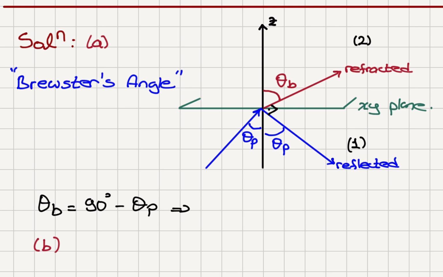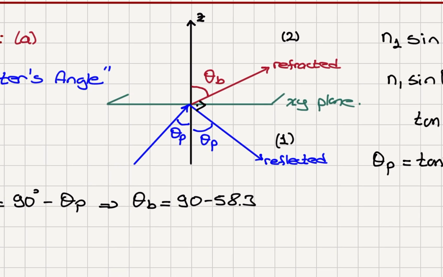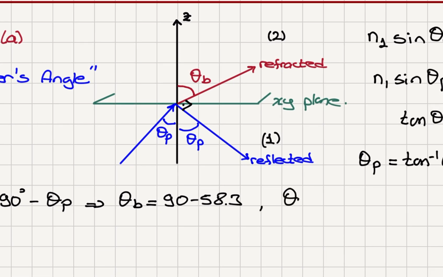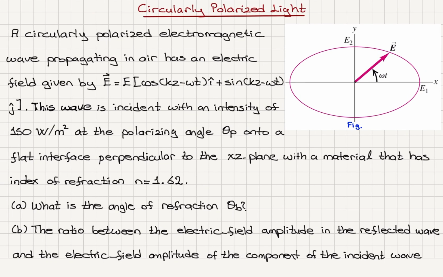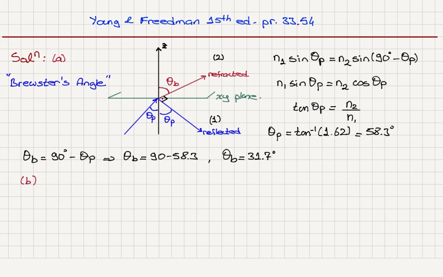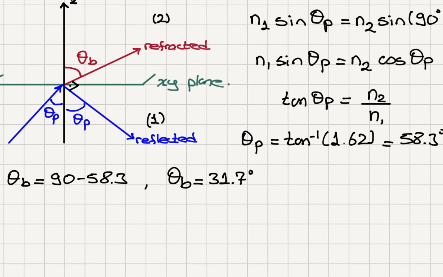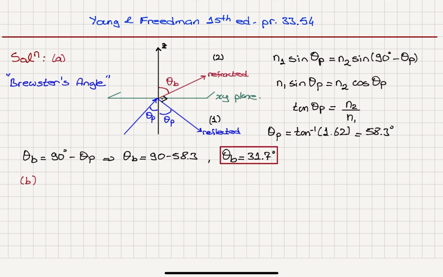So the angle of refraction is 90 minus 58.3. So this means the Brewster's angle is 31.7 degrees. So we were asked to find the angle of refraction theta b, that is 31.7 degrees. Let's move on to part B of the problem.